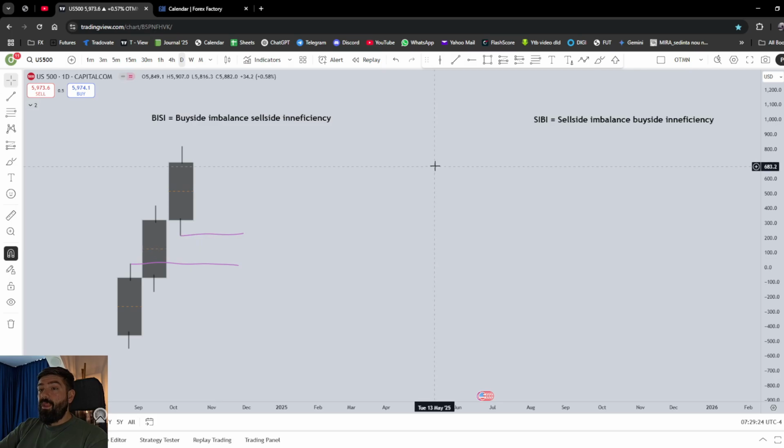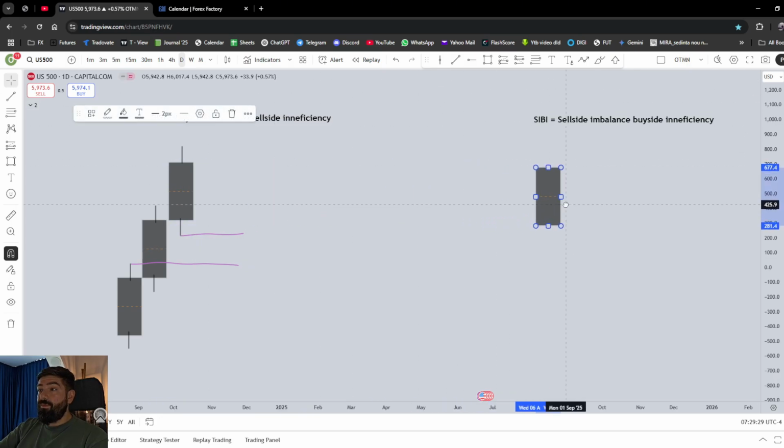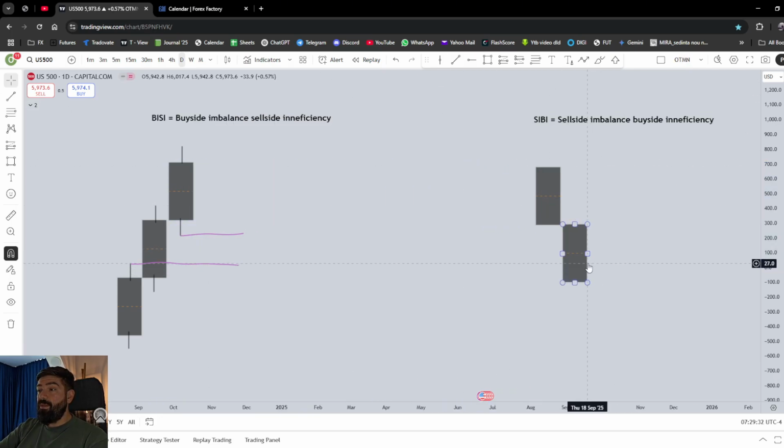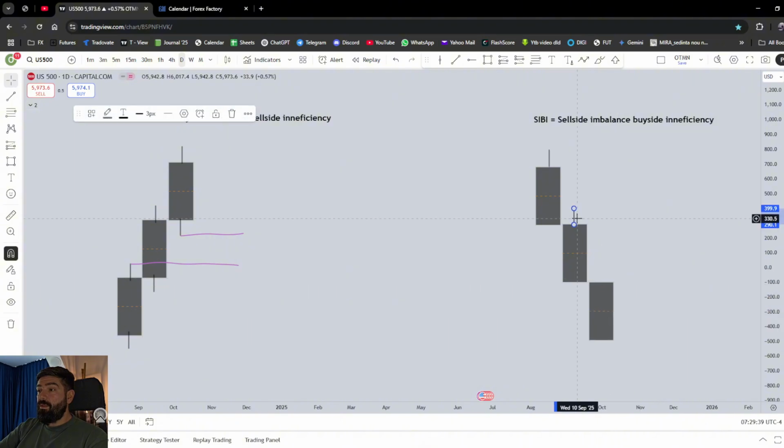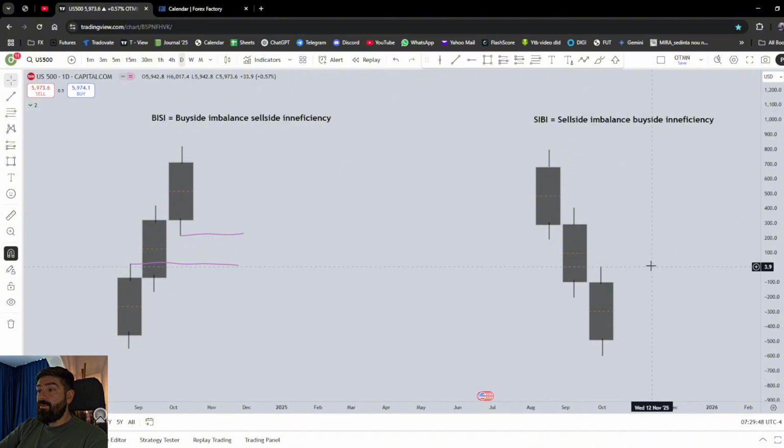Okay, let me draw a CB real quick. So we have these wicks. Okay, take a look here. We have candle number 3 with this wick.